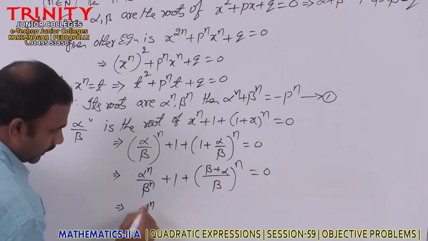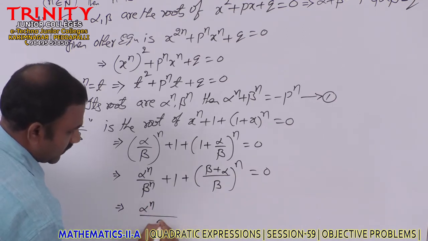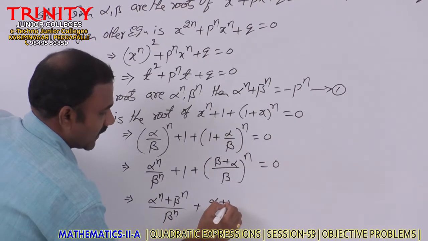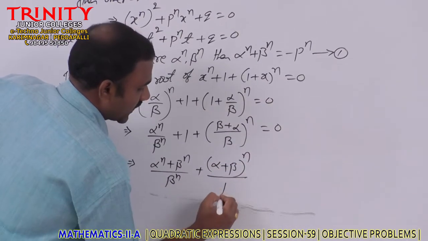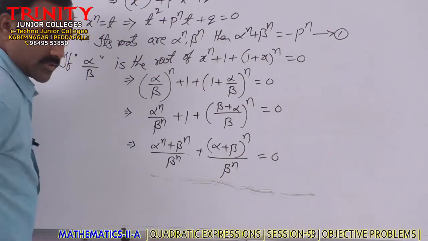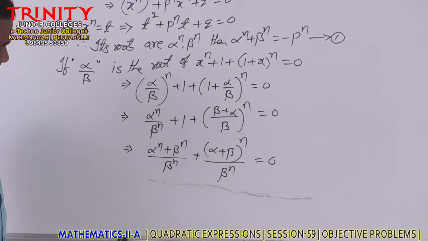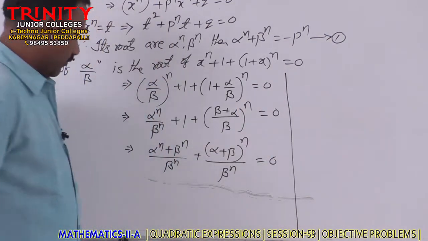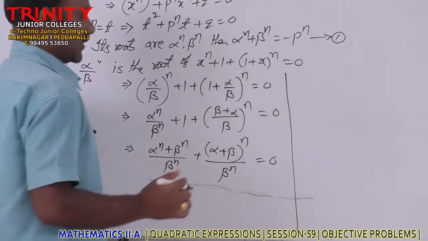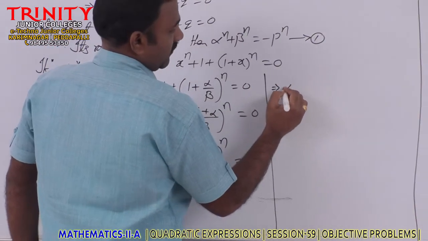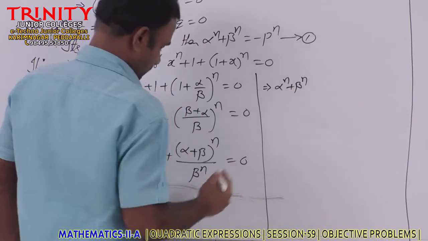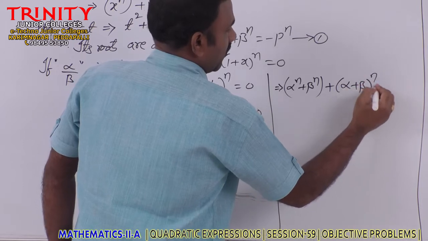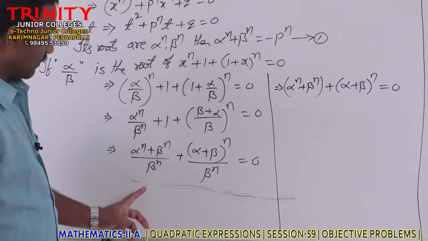For these two terms the LCM is beta^n: (alpha^n + beta^n) plus (alpha + beta)^n, all over beta^n, is equal to 0. Now both have the same denominator beta^n, so we can remove it. Then alpha^n + beta^n + (alpha + beta)^n = 0.